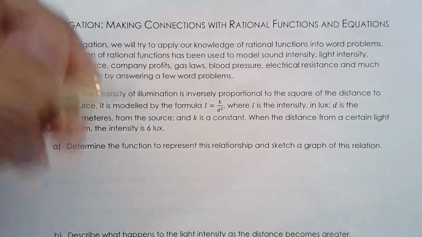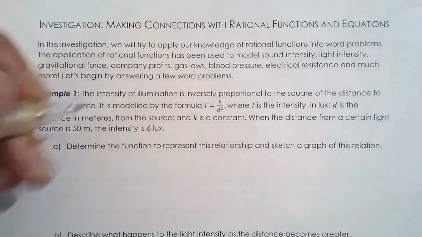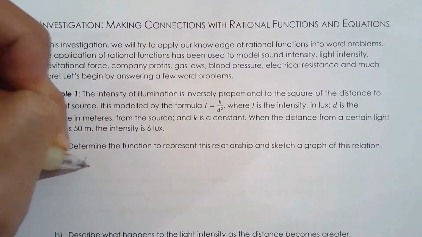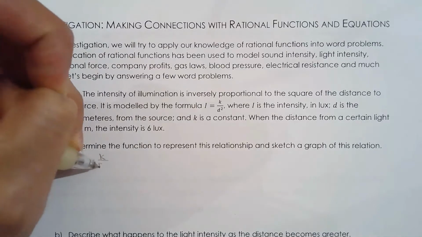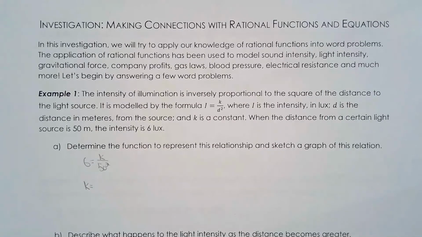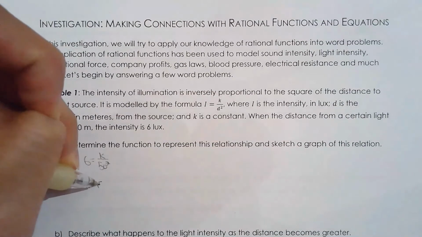Okay, so you know what? Let's solve for the equation. I have to solve for k by subbing in the information here, 50 meters and 6 lux. So 6 and then 50. So k is, let's triple check, 15,000.